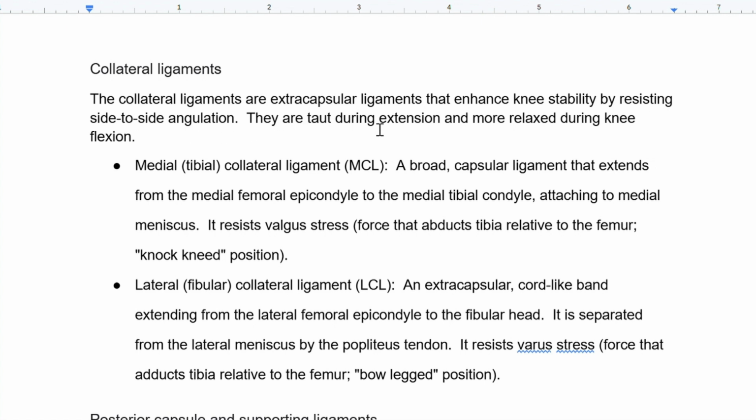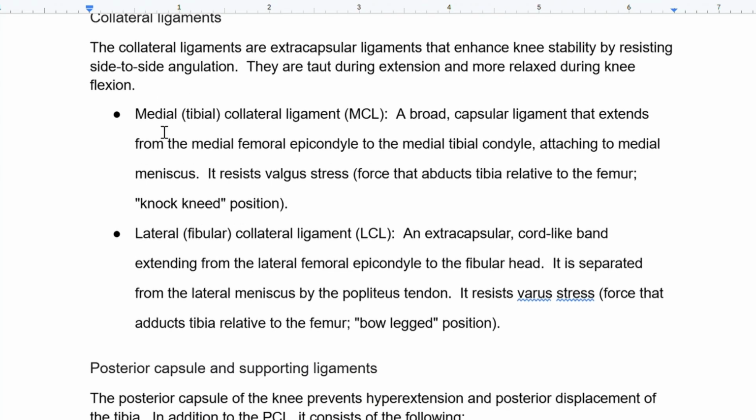They are taut during extension and more relaxed during knee flexion. There is the medial or tibial collateral ligament, also known as the MCL, which is a broad capsular ligament that extends from the medial femoral epicondyle to the medial tibial condyle, attaching to the medial meniscus. It resists valgus stress, which is force that abducts tibia relative to the femur, such as the knock-kneed position.